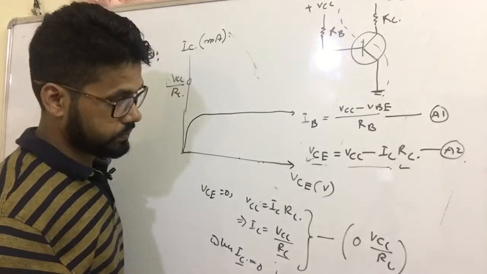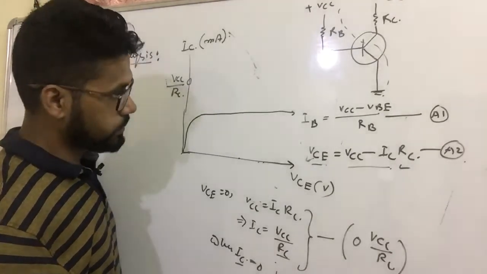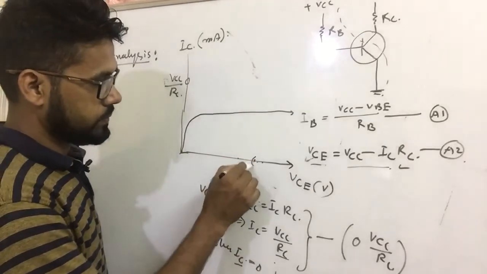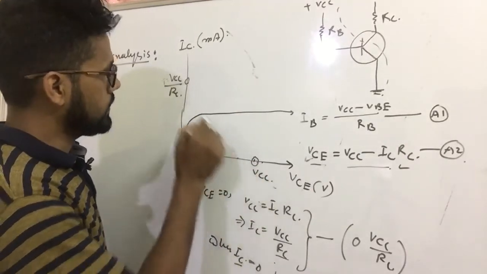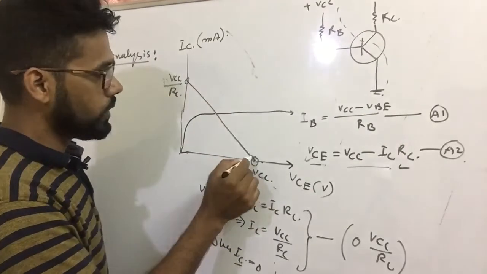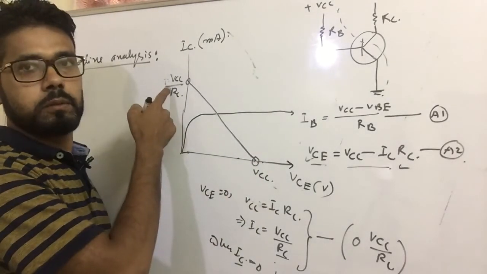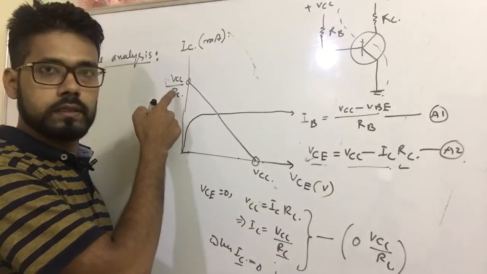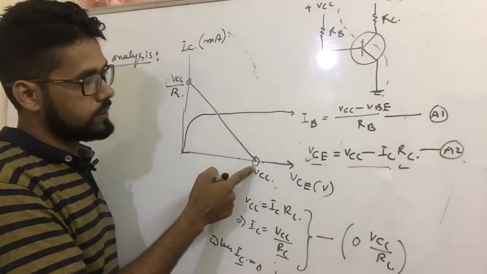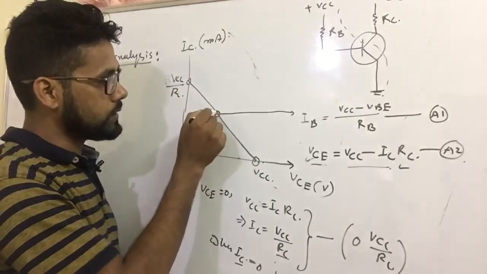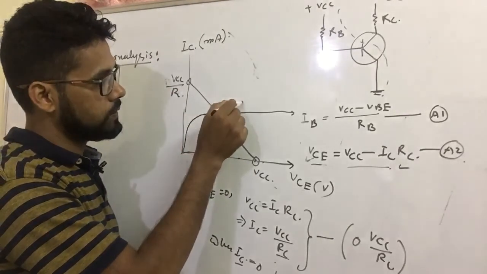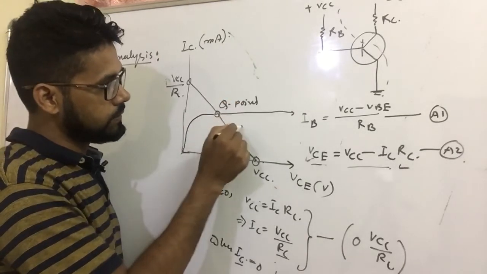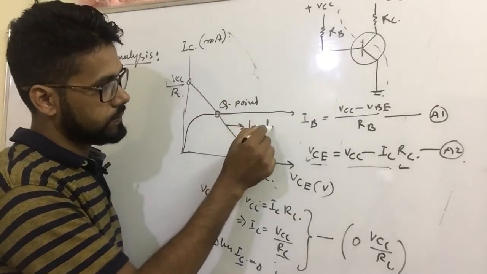That means this point will be here, VCC. So this line connecting the maximum achievable current and the voltage in the output axis is called the load line, and this point is known as the Q point, and this curve is called the load line.